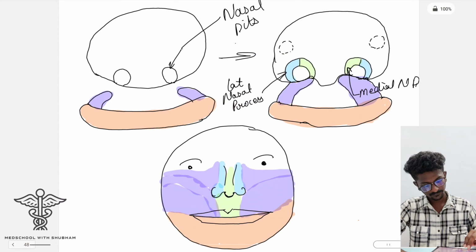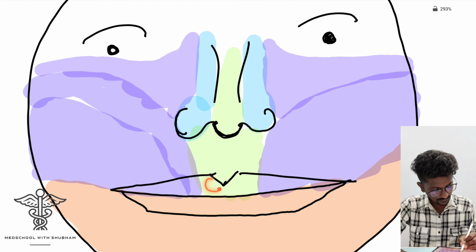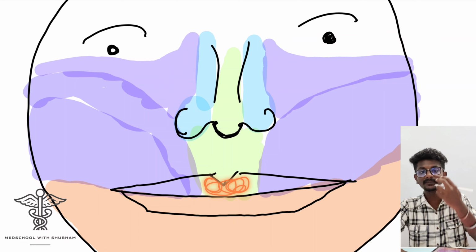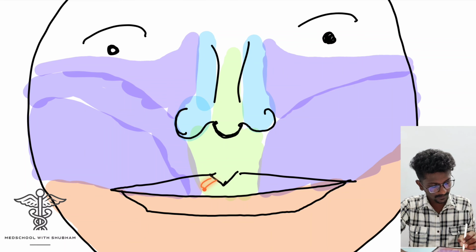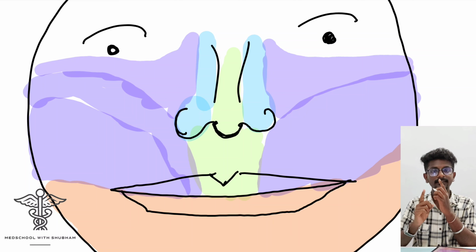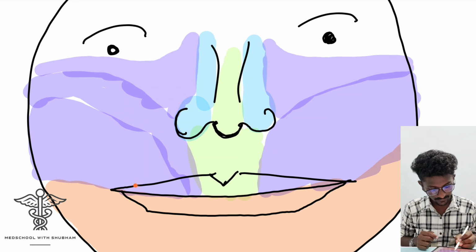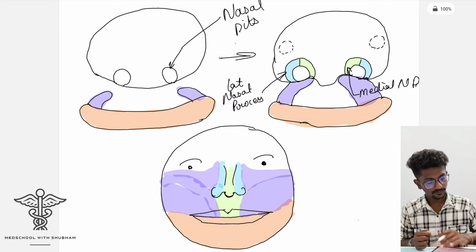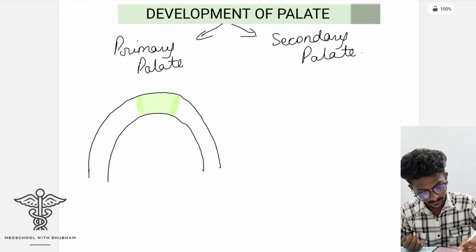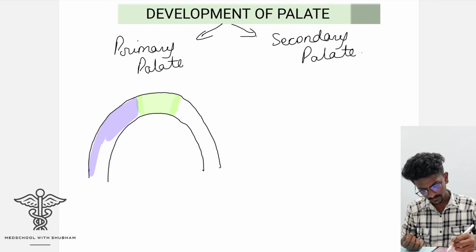If you have watched my previous lecture, you can relate this very well. So this is the medial nasal process and the same thing is going inside. And on the other part of the arch we have the maxillary process. Now I'll be drawing the maxillary process over here.